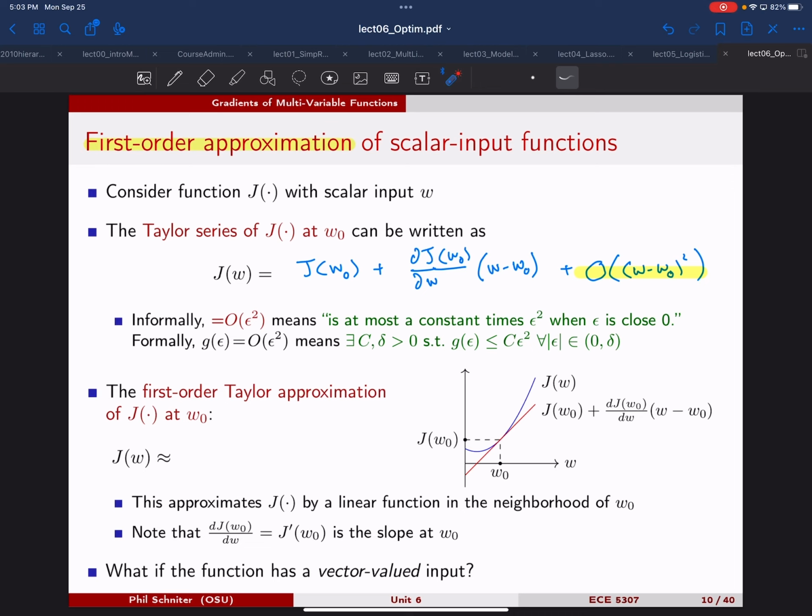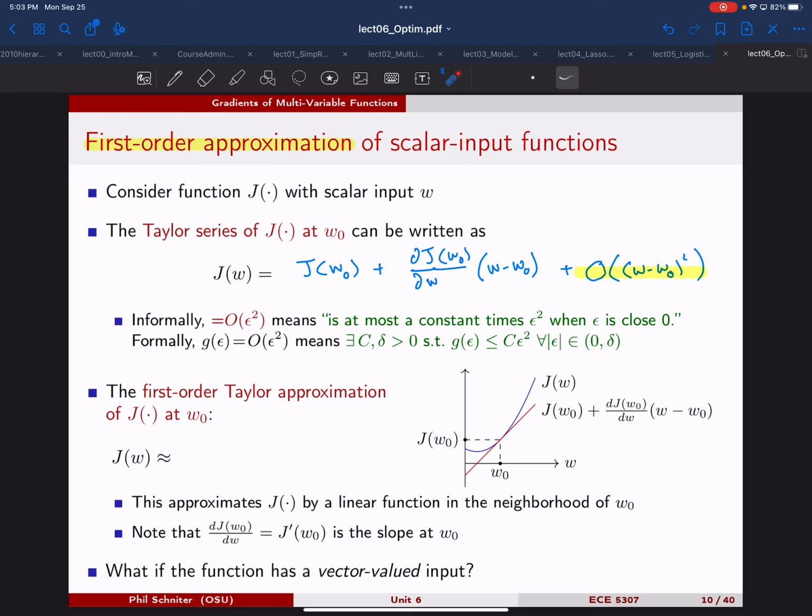Now, if you want to get into the nitty-gritties, you can write it much more carefully. If you say, I have a function g that is big O epsilon squared, it means there exists some specific constant c and some specific radius delta that tells us how close to 0 we are, such that this upper bound, the function less than or equal to c times epsilon squared, holds for all the epsilon in the radius between 0 and this delta.